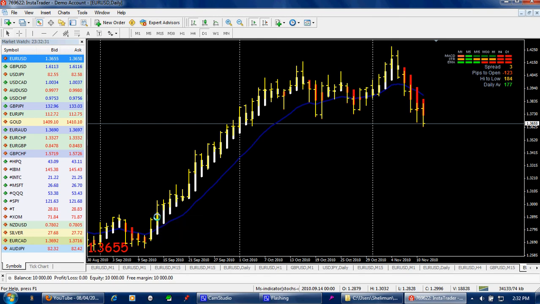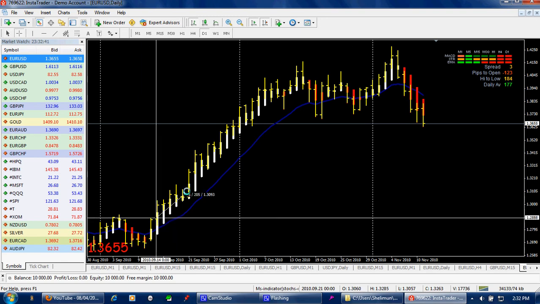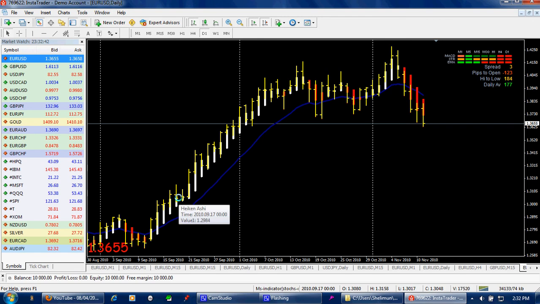As soon as our profit reaches 200 pips, which on this one it did, then we would close the first lot or mini lot, and we move the stop loss to break even after that. And then we trail the stop loss 200 pips every time it moves up 200 pips, and just ride the trend until it stops you out.